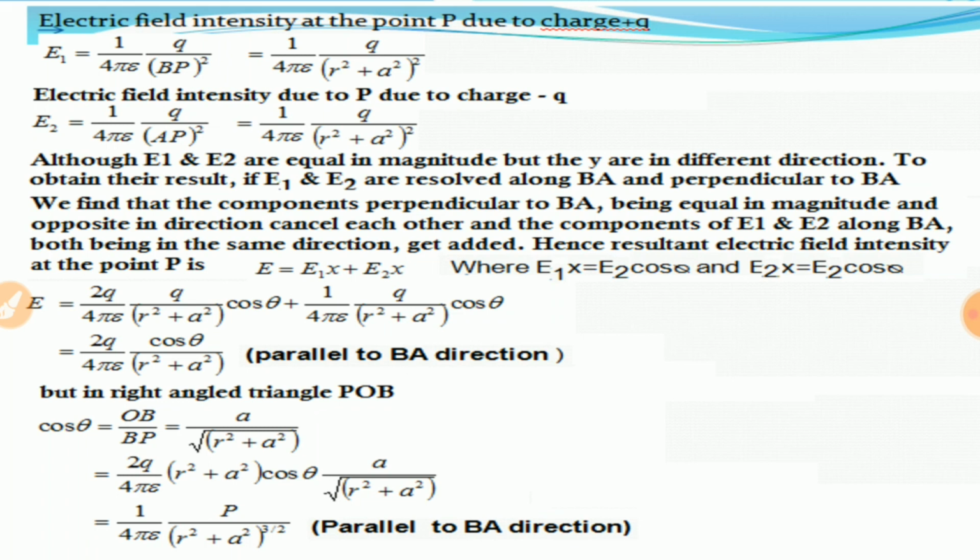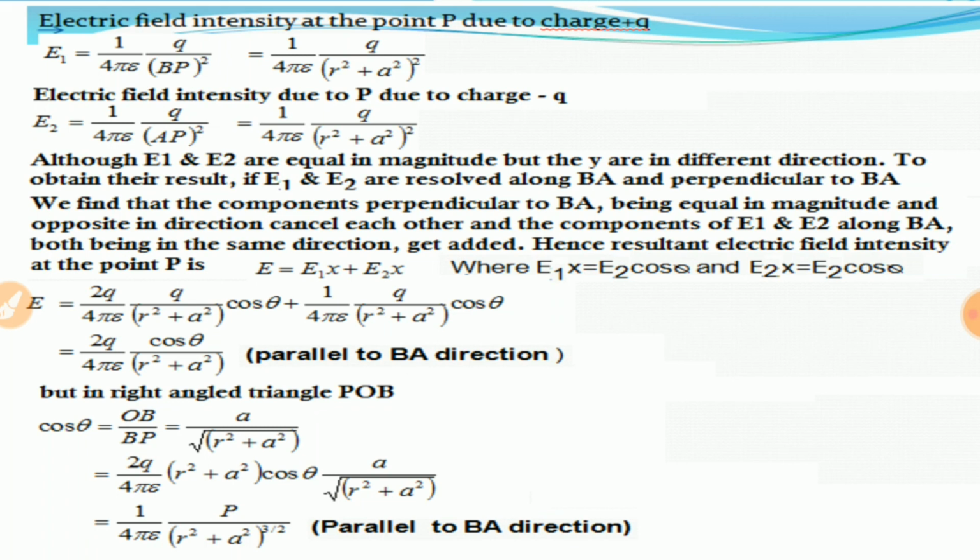E is equal to E1x plus E2x. We know the values: E1x is equal to E1 cos theta and E2x is equal to E2 cos theta. So here we are putting the values of E1 and E2.